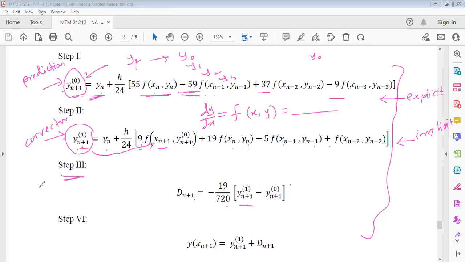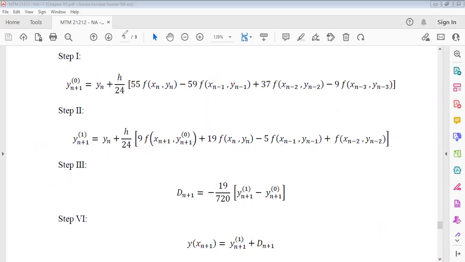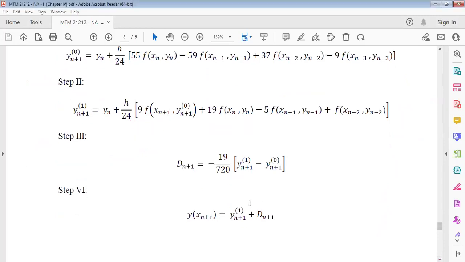Okay, now one more, the last portion. I'll erase this one. The last point is nothing but our approximation value, which is known as y of x n plus 1. For example, y of 0.4. If you know the 0, 0.1, 0.2 and 0.3 values, how do you find the 0.4 value?